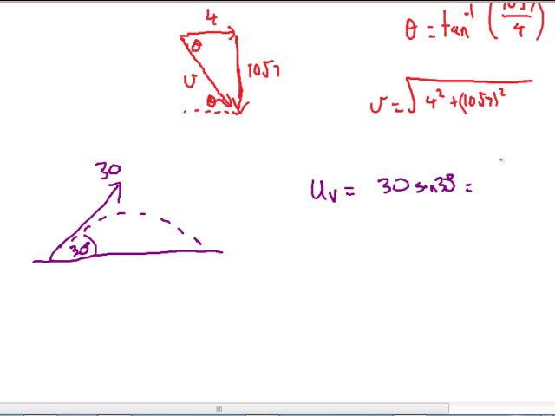Sine 30 is a half, making that 15 meters per second as our vertical component. Horizontal component, 30 cos 30, which would be 15 root 3, since cos 30 is root 3 on 2.